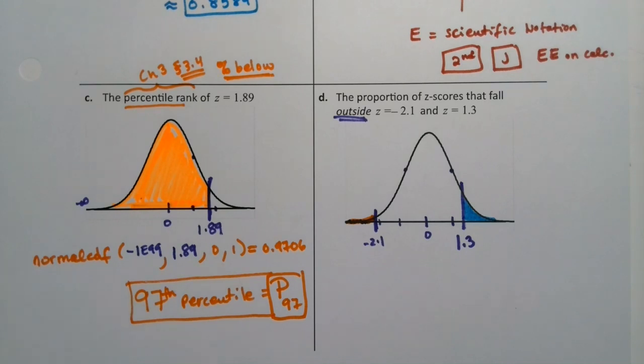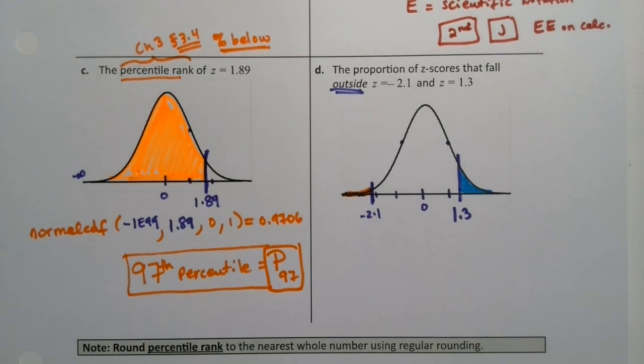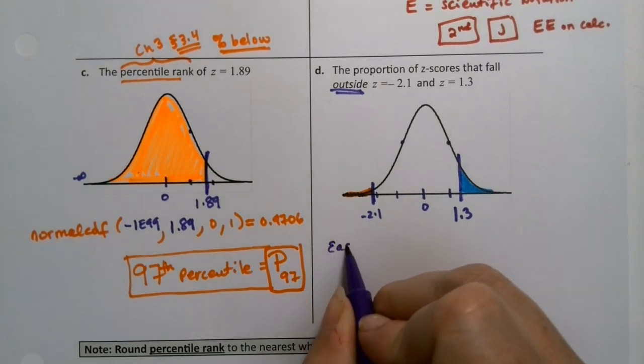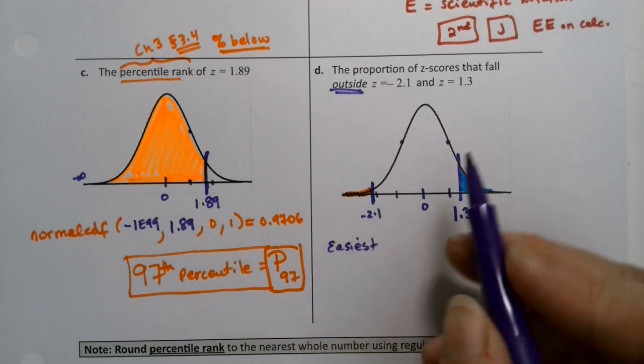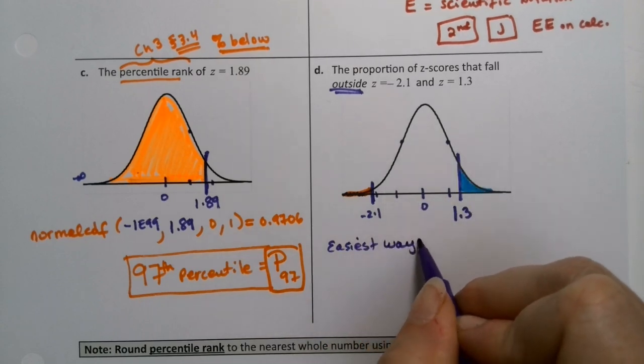Okay, well, that's going to be a little tricky. You can find each of them separately and add them, but there's an easier way. The easier way is to find the middle and then take it away from 1. Right?